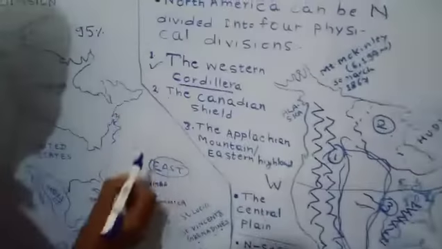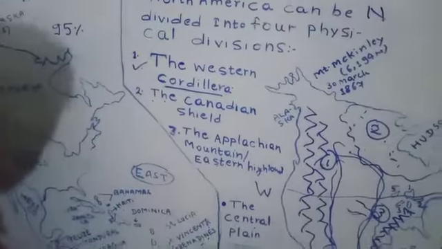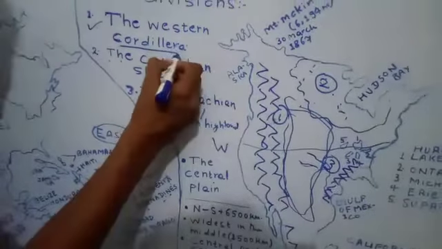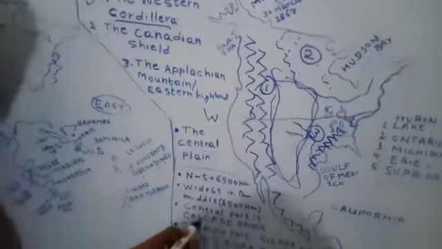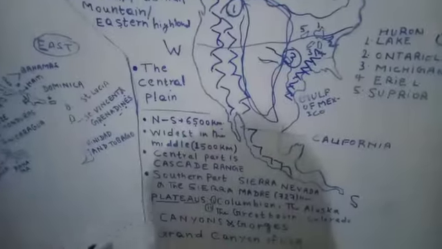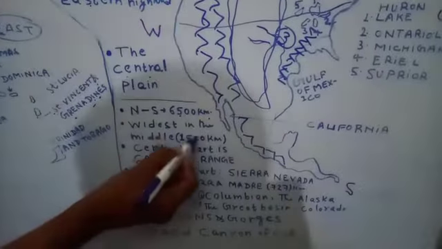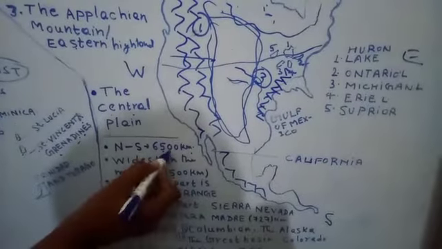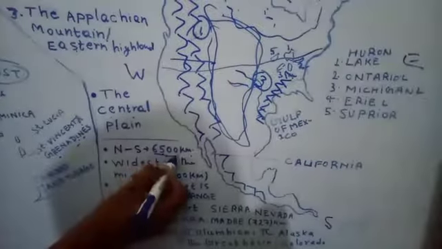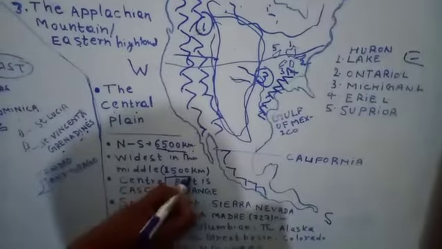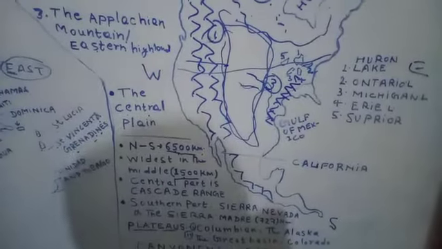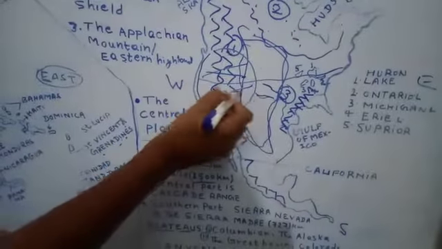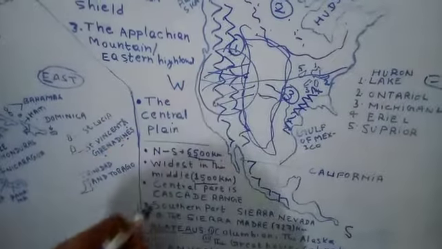First of all we will explain the Western Cordillera in detail. The north-south extension of this Western Cordillera, the series of mountains, is 6,500 kilometers in length and 1,500 kilometers wide. The central part of this mountain is called the Cascade Range.